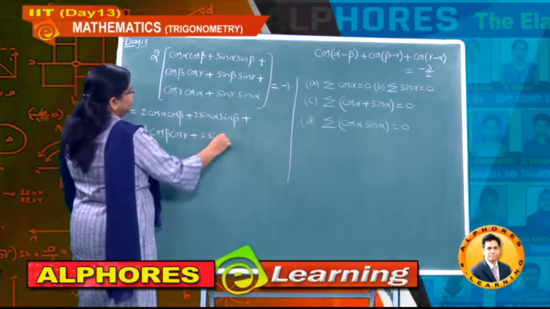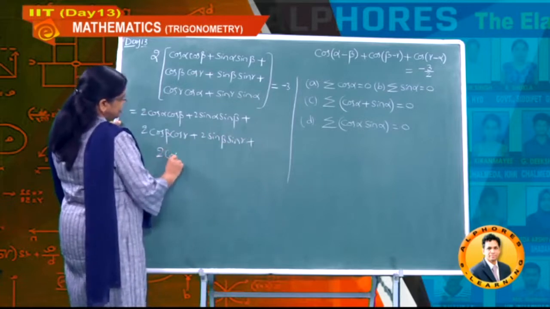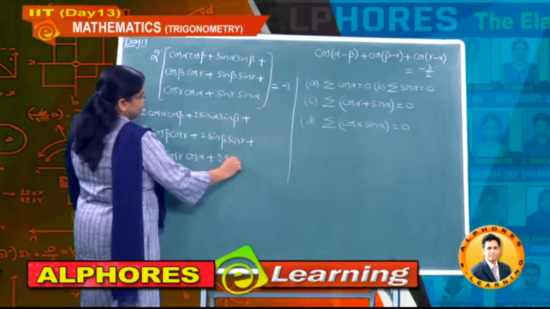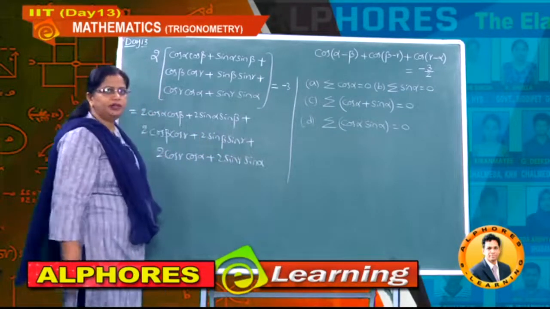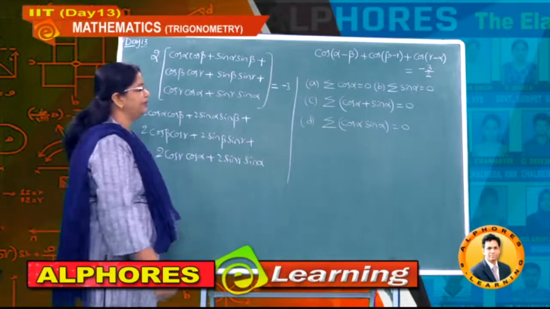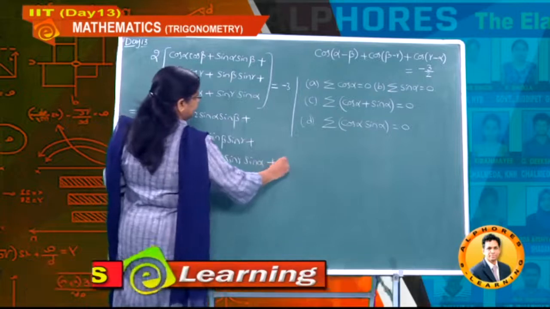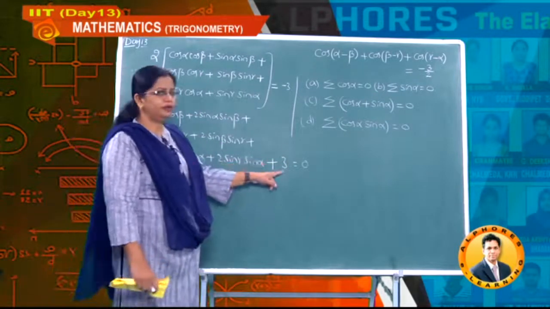Okay, and then observe the RHS clearly. What RHS are you having? RHS you are having minus 3, and let us bring that minus 3 to this side. It will become plus 3. Understand? So plus 3 equal to 0. So this 3 I am going to write as 3 into 1.